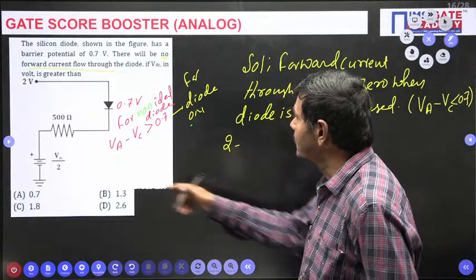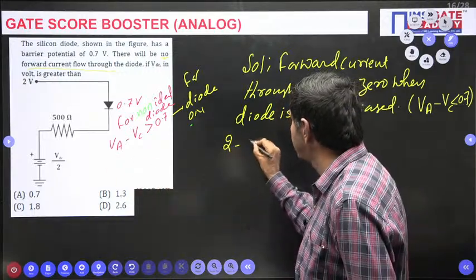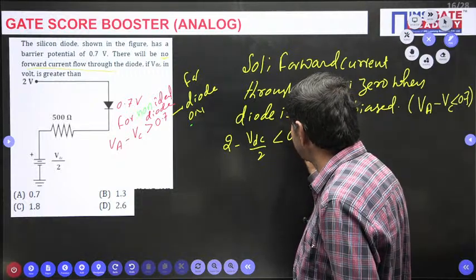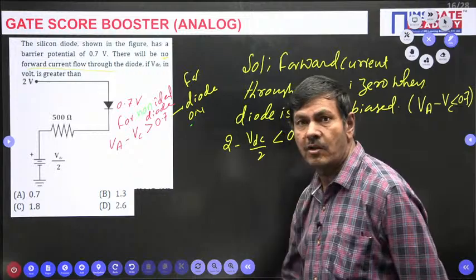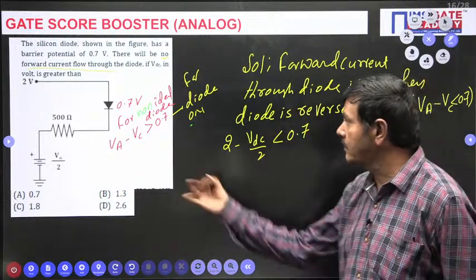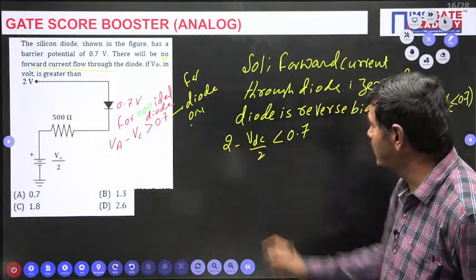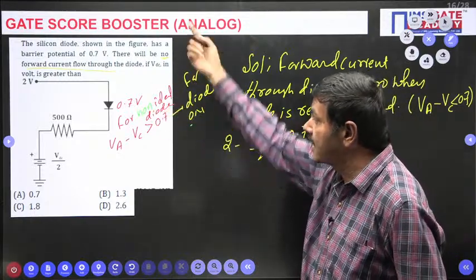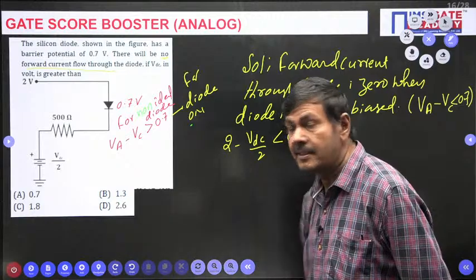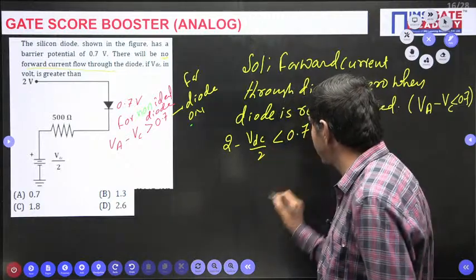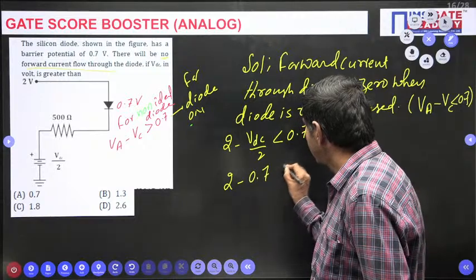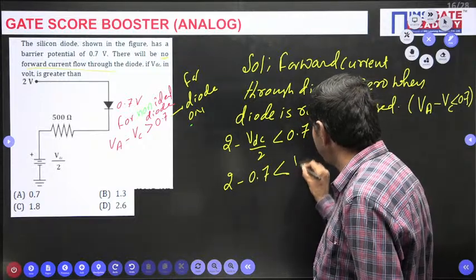VA means 2, VC means VDC by 2. That must be less than 0.7. Then it won't operate, the diode is reverse bias, and the current through the diode is 0. I want VDC in volts to be greater than what value? I bring this side 2 minus 0.7, and this side VDC by 2.